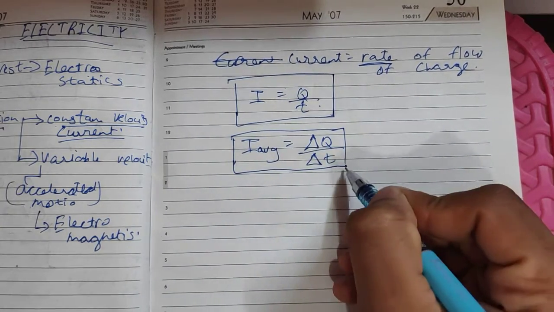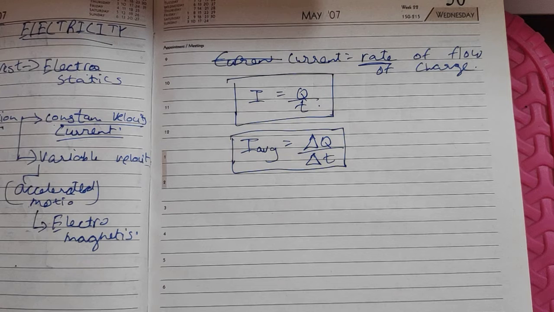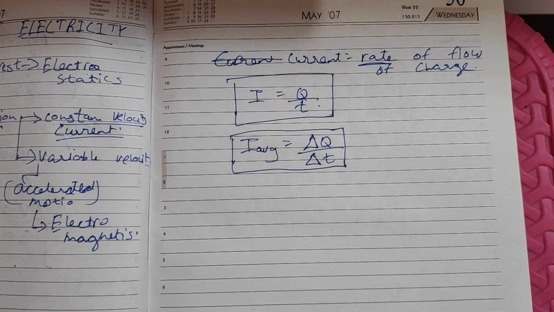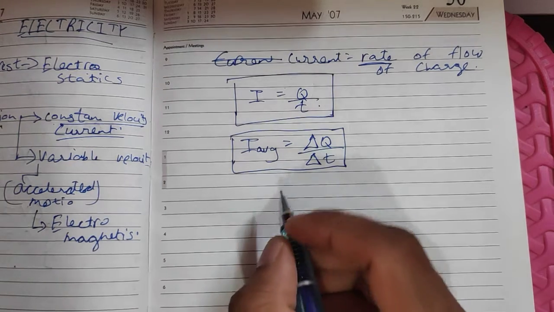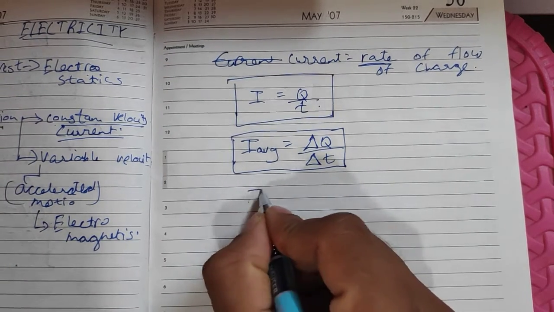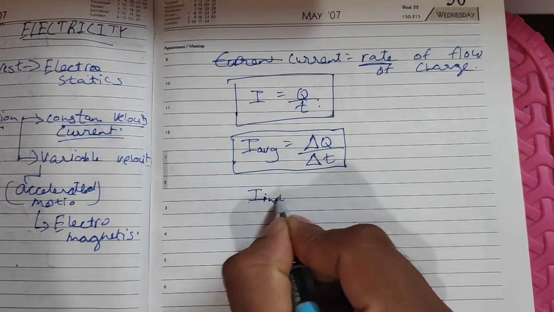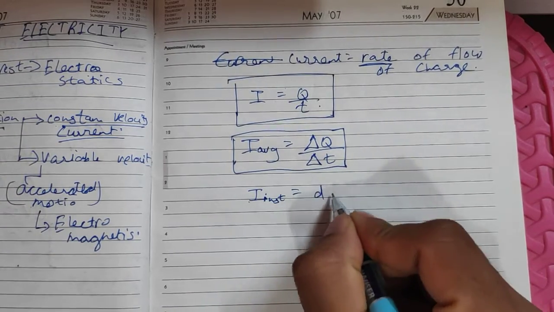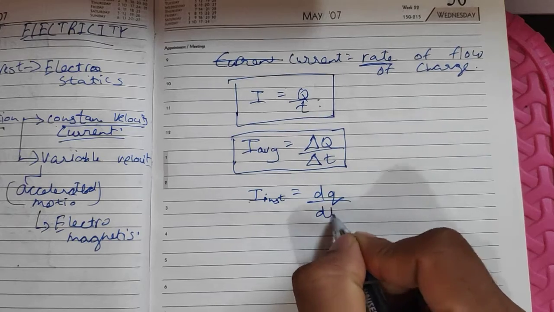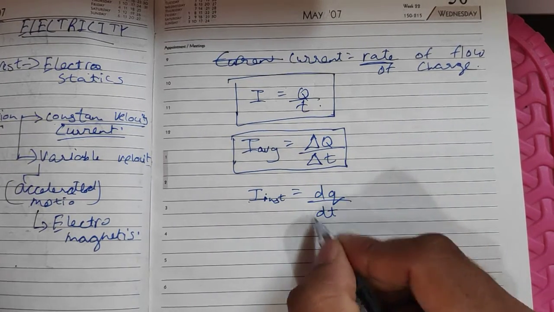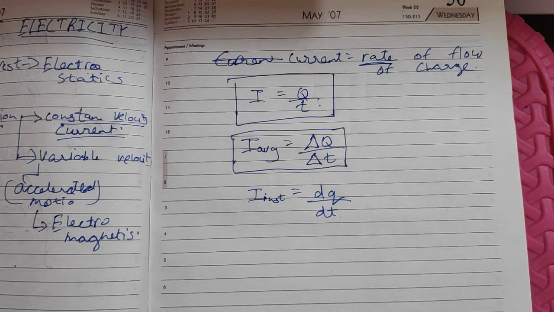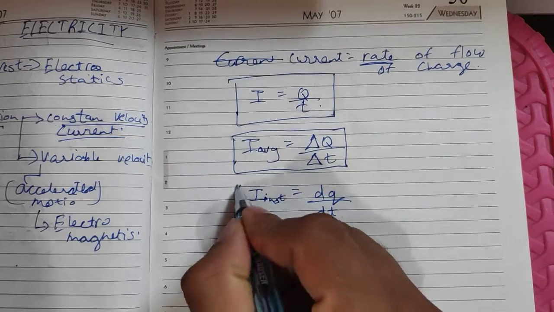Now suppose you need to find the instantaneous current, that is, at a particular second what is the current through the system. You need to find I instantaneous. That will be dq upon dt, where dq is the amount of charge flowing at that particular time and dt is the time interval.